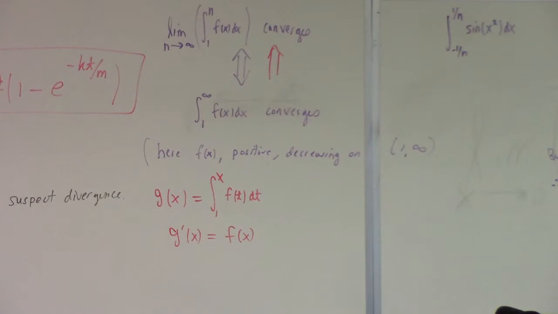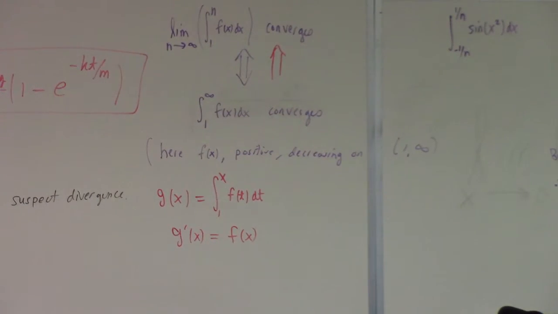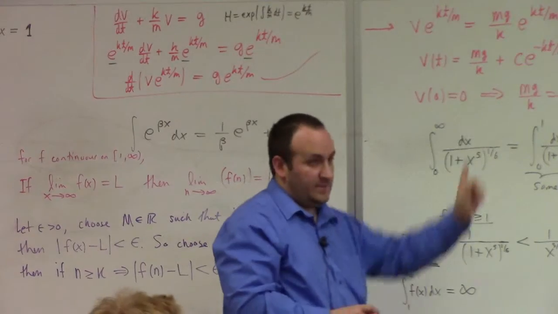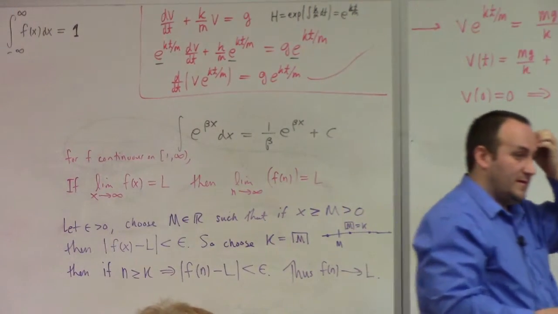So g is differentiable, so it's certainly continuous, right? If the limit as x goes to infinity of g of x is L, then the sequential limit of g of n is also going to L. So that gives me the upward arrow, all right?